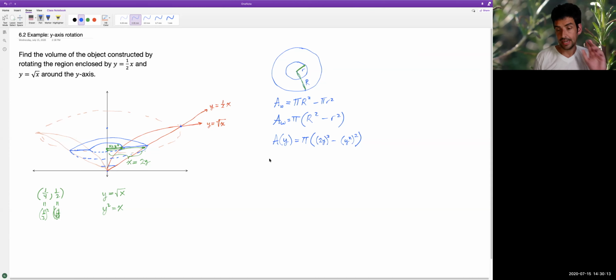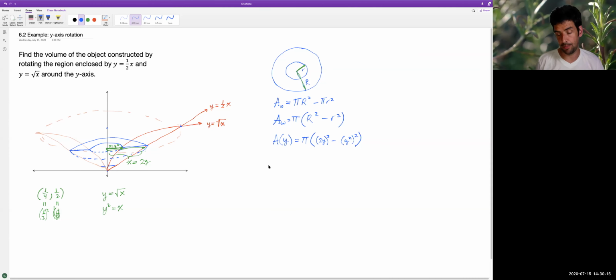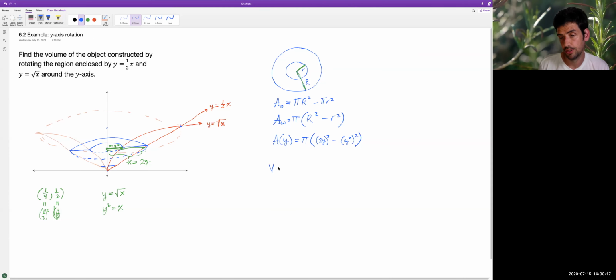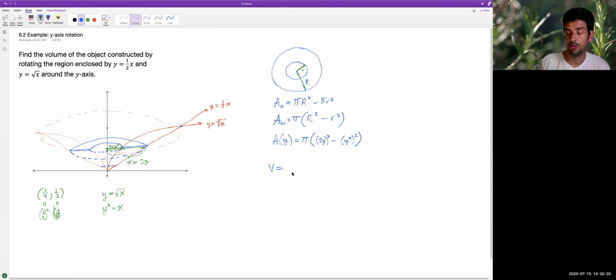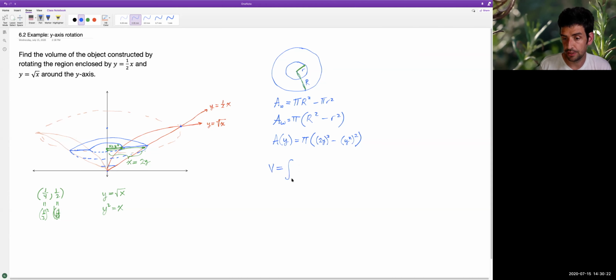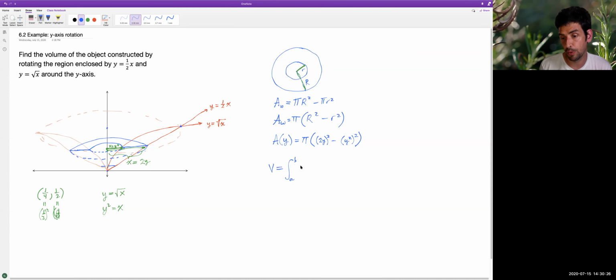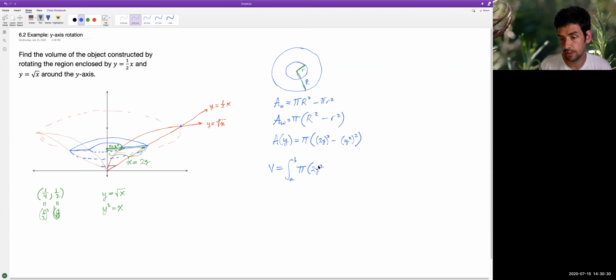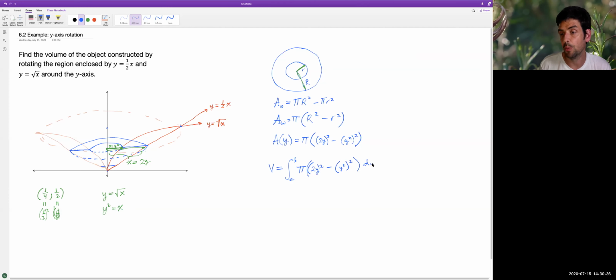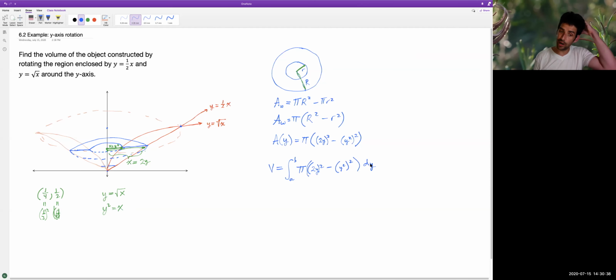Now, that means we can set up our volume equation. Our volume is going to be, we haven't figured out yet what boundaries we're going to go from, but we know what it looks like, pi times 2y squared minus y squared squared dy. We're integrating in the y direction now.